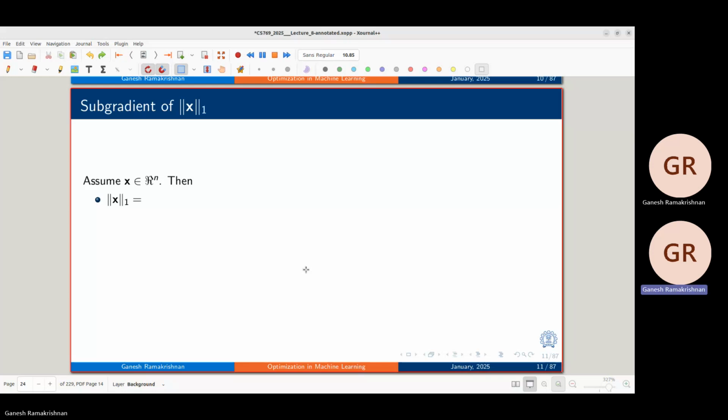So how do I use the convex hull? How do I first find the active functions? I want to look at this. The subdifferential of one norm of x is the convex hull of something.